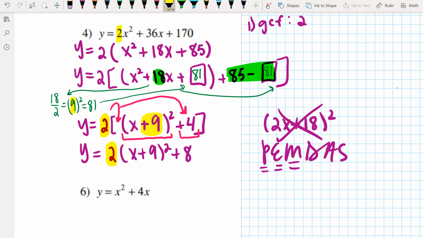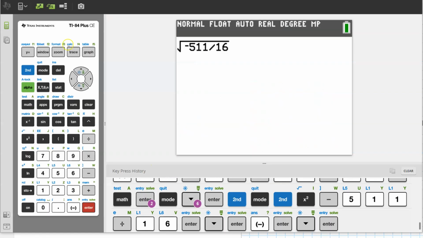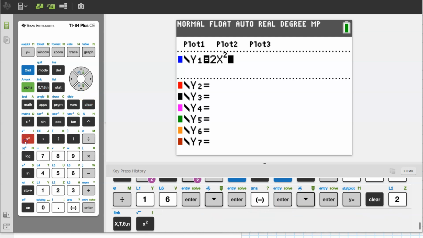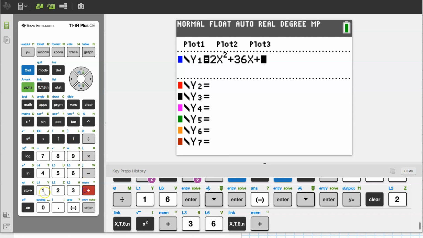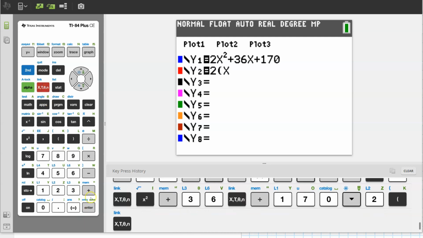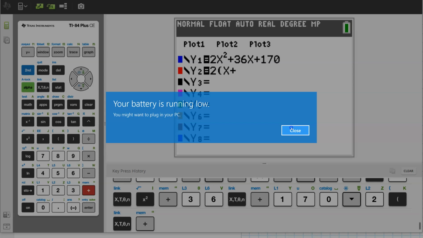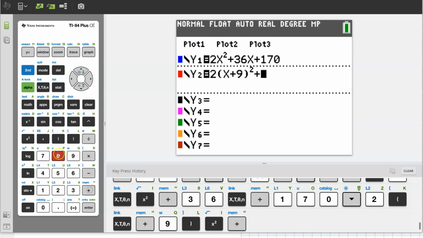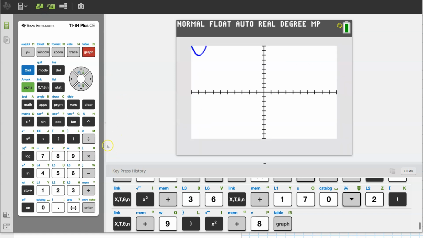So when we're putting in vertex form, you can do little things to check. We also can put this in our calculator. So if I go to my calculator and I type in my original function, 2x squared plus 36x plus 170, and then I go to my second line and I type in the one that I created, 2 times (x plus 9) squared plus 8, I should now also get the same thing.